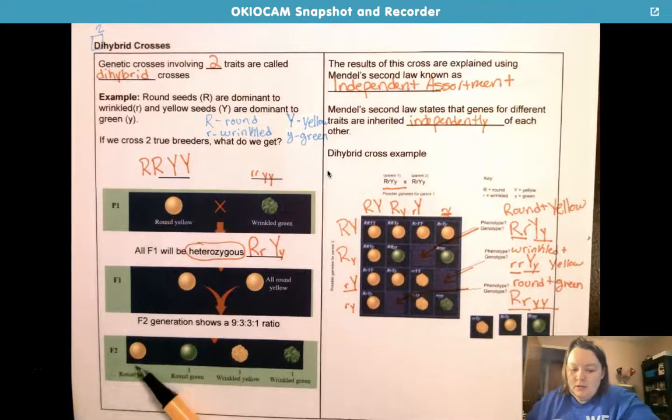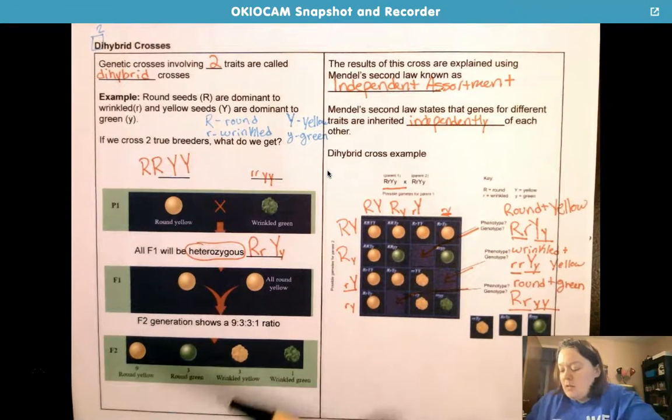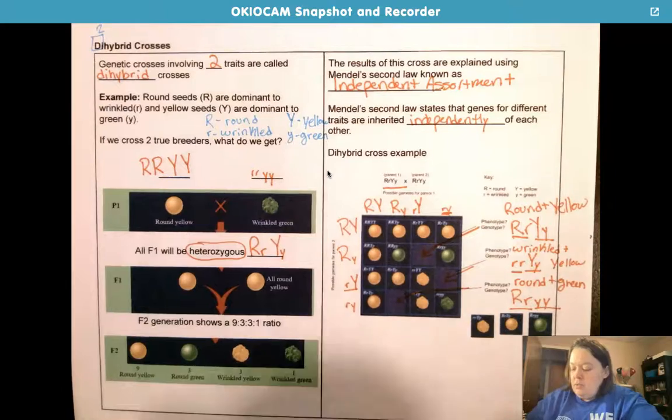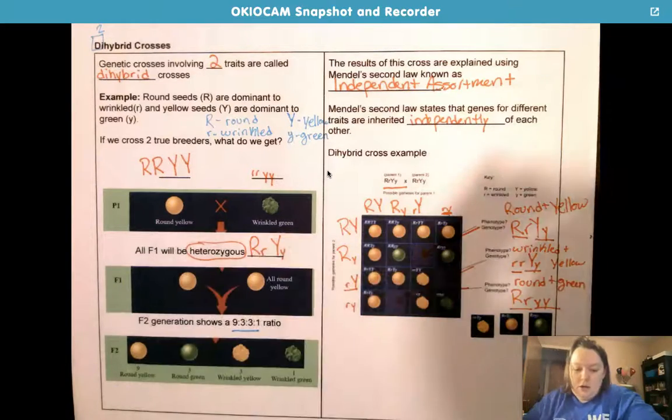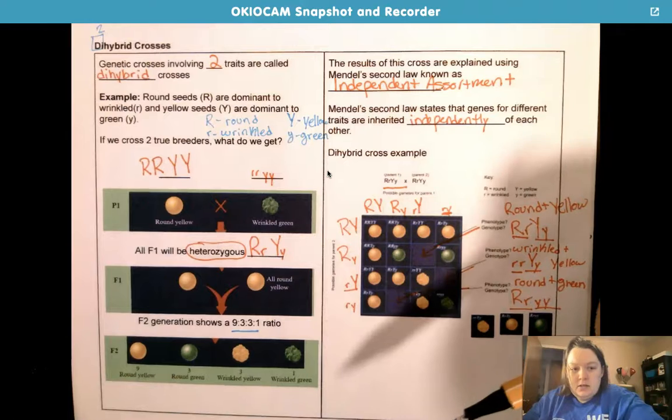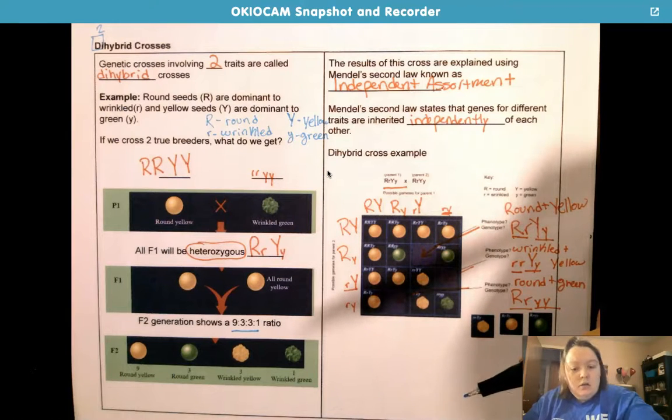He had some that were round and yellow, some that were round and green, some that were wrinkled and yellow, and some that were wrinkled and green. This showed up as a 9-to-3-to-3-to-1 ratio. So in this case, we have four different possibilities of what the offspring could look like, just because there's more combinations when we're looking at two traits.